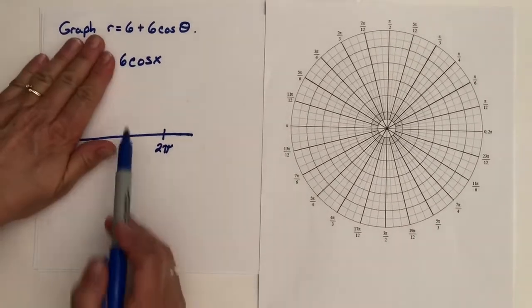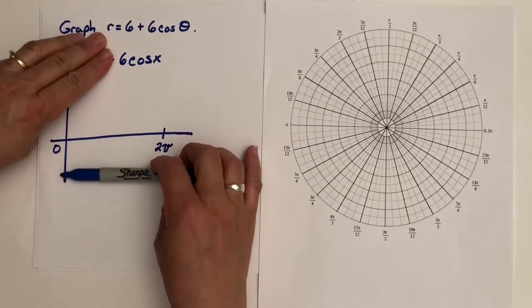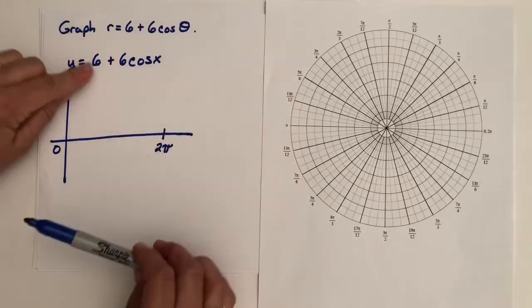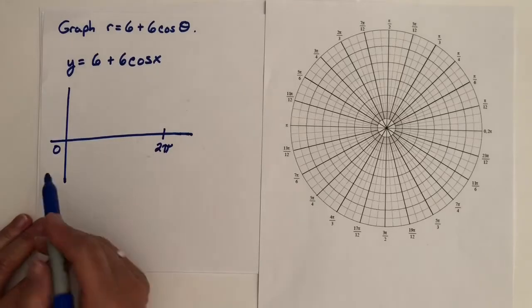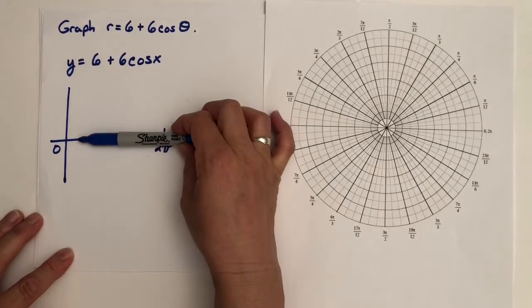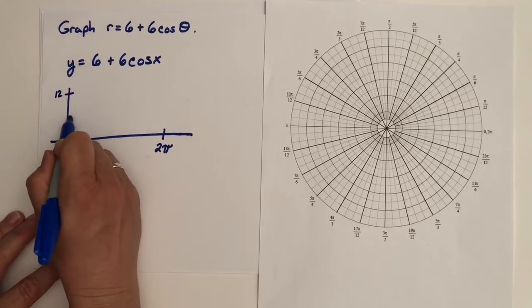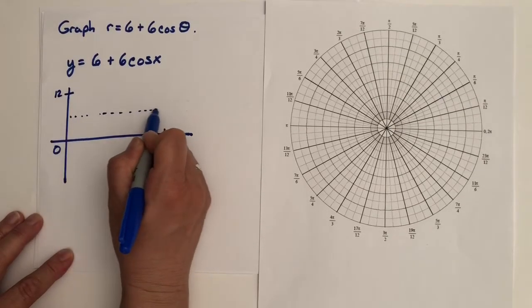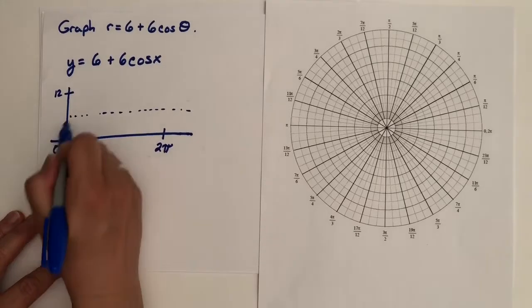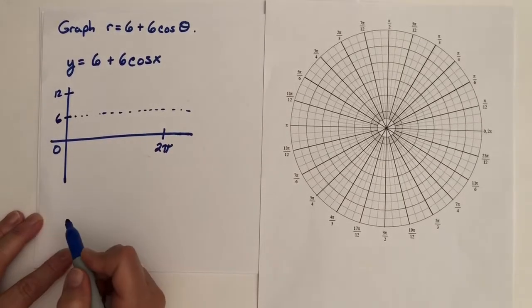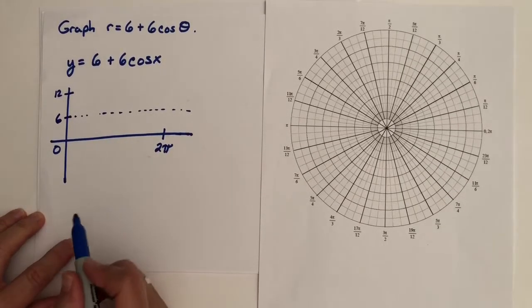Normally, this graph with 6 cosine x would exist between -6 and 6, but we've shifted it up 6 units. So it will exist from 0 to 12. And here's our midline right here. Here's 6. So our graph would look like this.